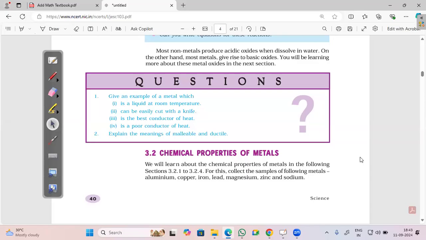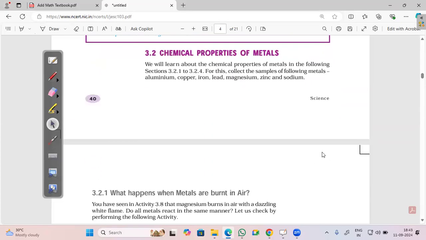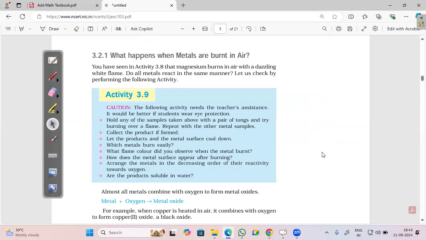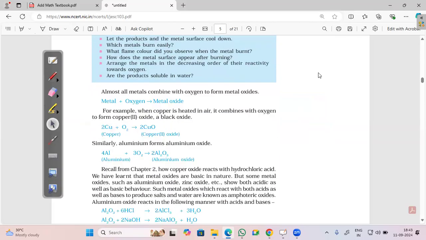Generally, when we start the chemical properties of metals, we tend to forget what properties we were studying. So first of all, we'll list the properties which we have to study. As a first property, we study the reaction of metals with oxygen, that is, what happens when metals are burnt in air.